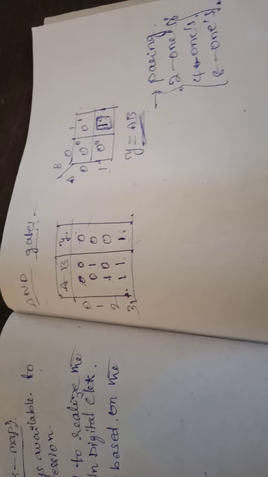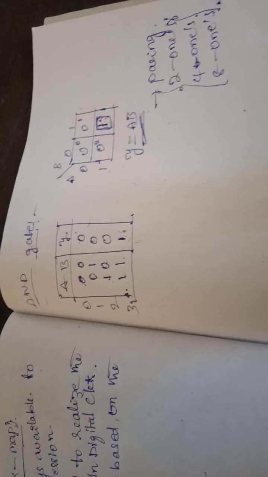There is also pairing. Pairing means two ones you have to form one group, four ones you have to form one group, eight ones, or 16 ones you have to form one group. So groups are also there.